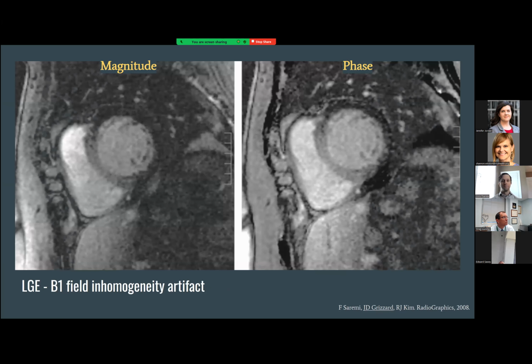In LGE, we may come across the B1 field inhomogeneity artifact. B0 is our main magnetic field. It's the magnet that is always on, related to the scanner bore. The B1 field is what we add to that magnetic field when we're doing an RF frequency pulse.